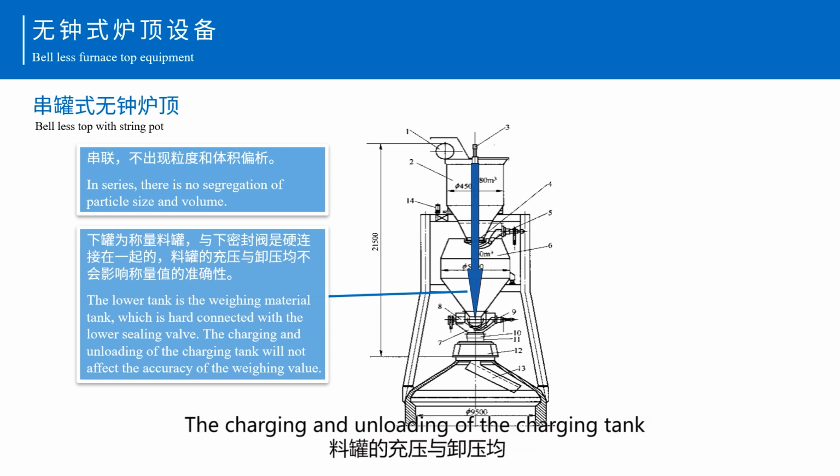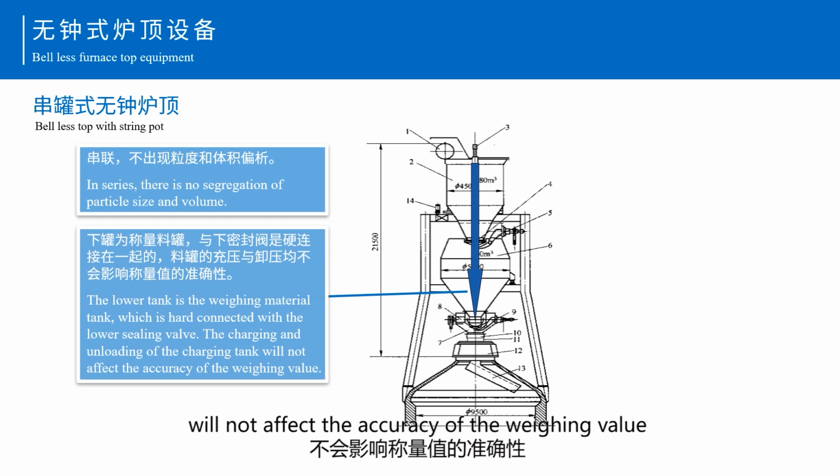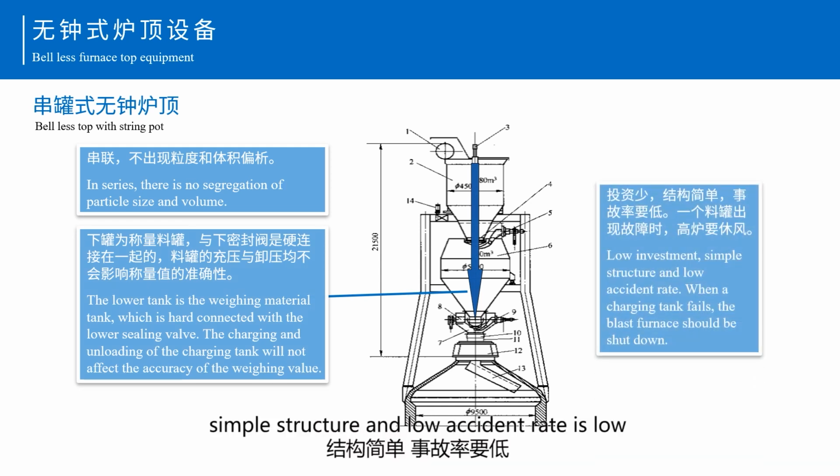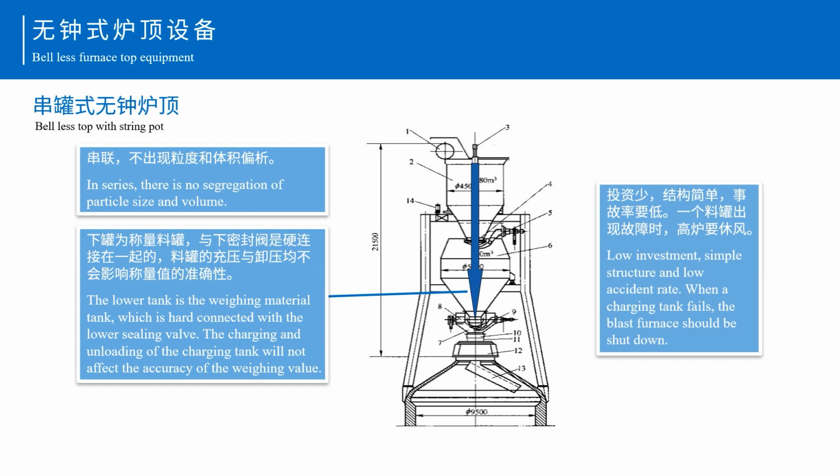The charging and unloading of the charging tank will not affect the accuracy of the weighing valve. Investment is low, structure is simple, and the accident rate is low. When the charging tank fails, the blast furnace should be shut down.